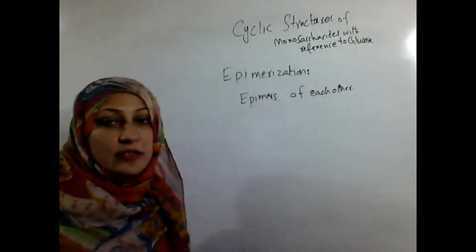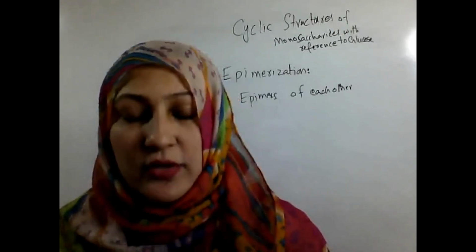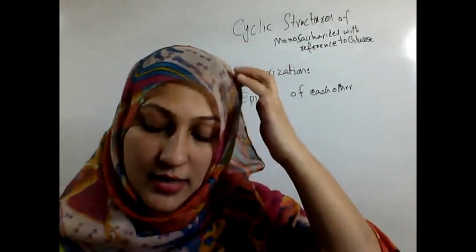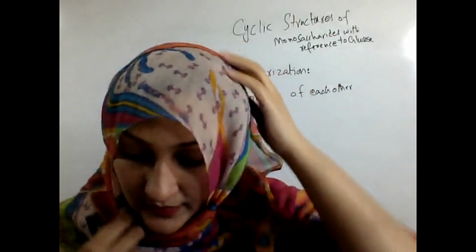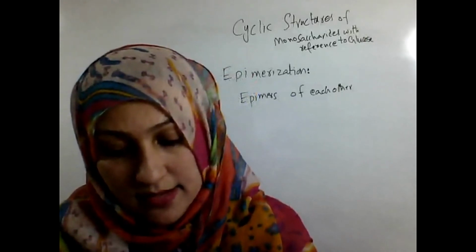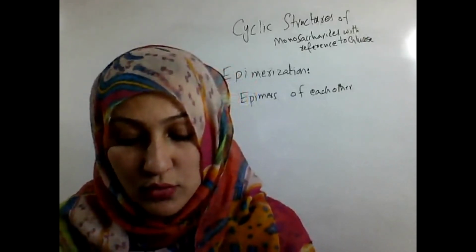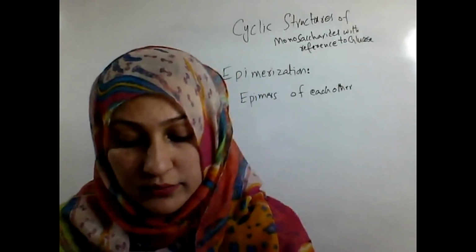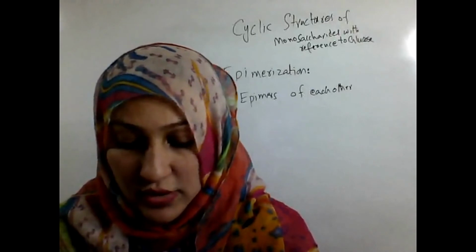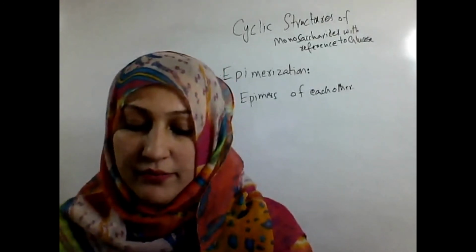What is actually epimerization? Two sugars which differ from one another only in configuration around a single carbon are called epimers of each other. For example, glucose and galactose are epimers because they differ only at carbon number 4.